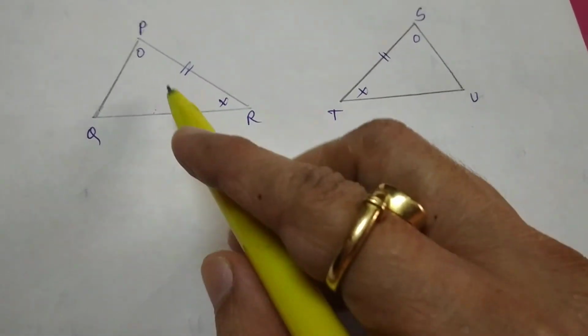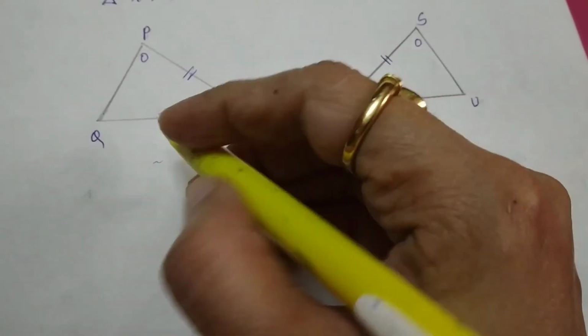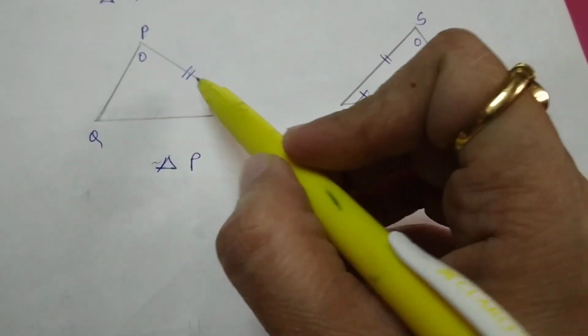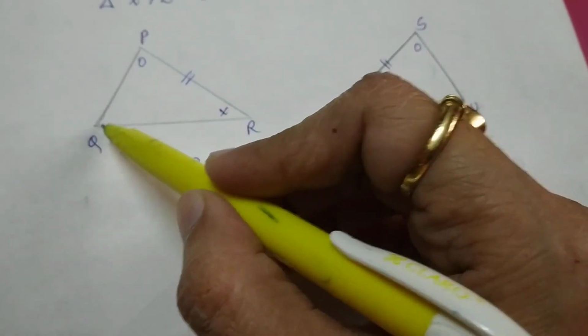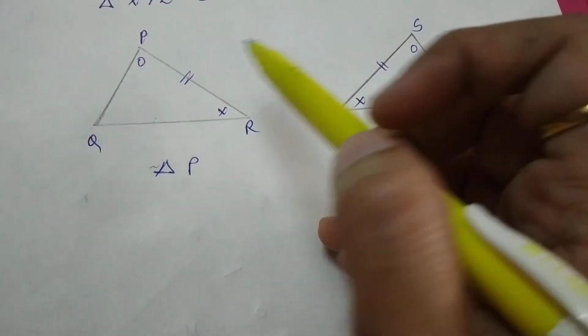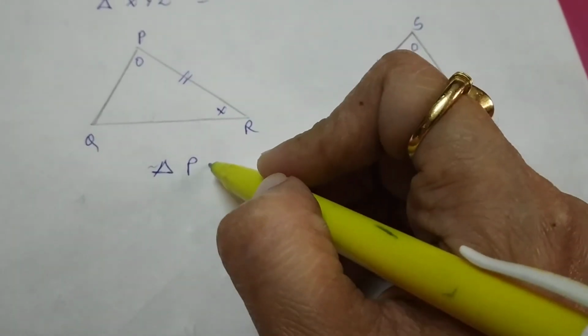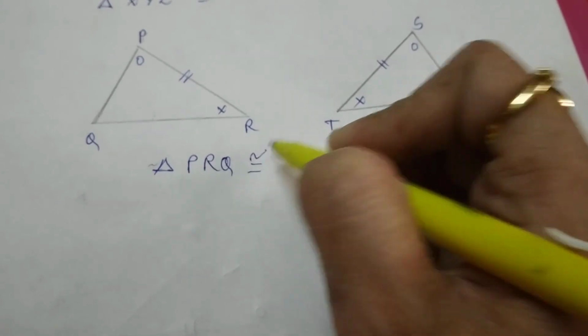Suppose I write down this angle first here, so here I'll write down triangle P. Okay, P. Then I'm writing this R. Either I can write down PQR or PRQ. So I'll write down R first, right? This congruent angle, then this. So I'm writing PR, and then I'm writing Q, is congruent to.